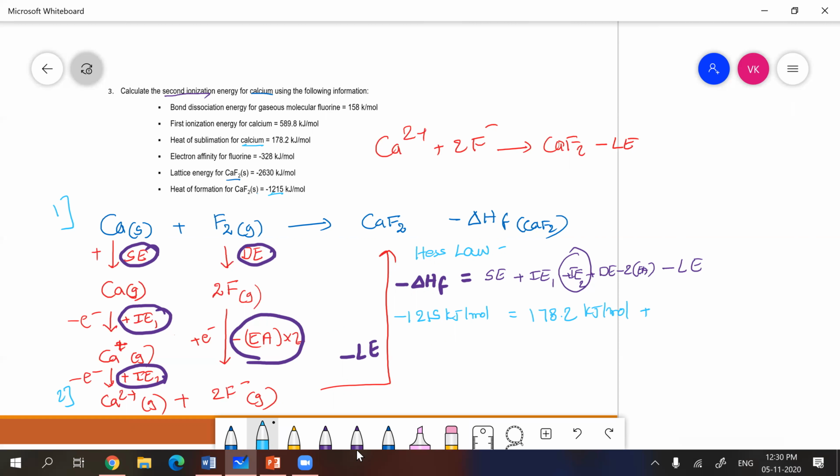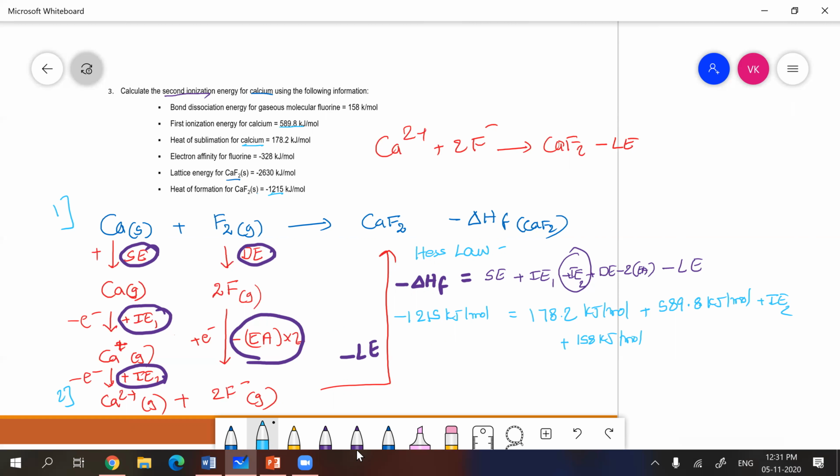Next, what is the first ionization energy? The positive value, that is 589.8 kilojoules per mole. Next, you need to find second ionization energy. Okay, I will write it down. Plus next, dissociation energy. Bond dissociation energy is 158 kilojoules per mole.